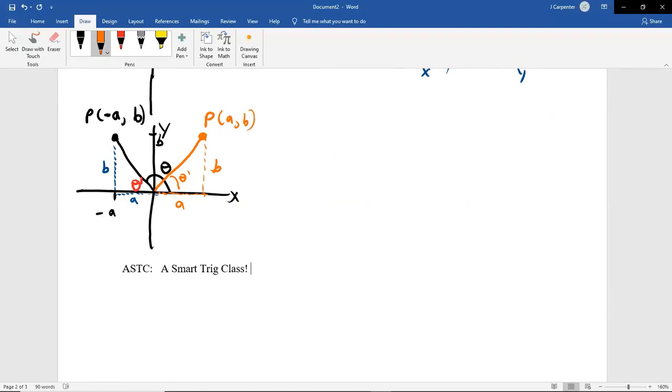So what does this really stand for? All, sine, S-I-N, tan, and then cosine. That's what it stands for. All sine, tan, cosine.